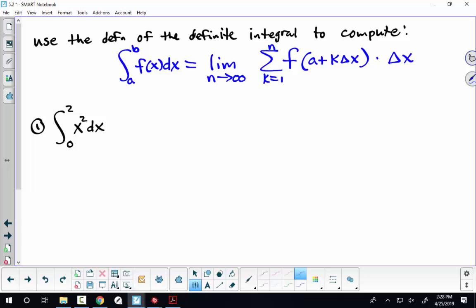So that's what we're trying to figure out, what these components are on the right-hand side of that equation with this specific example, the integral from 0 to 2 of x squared dx.